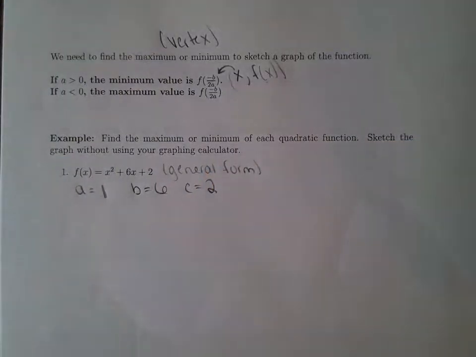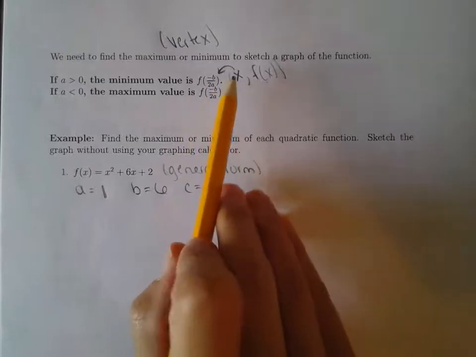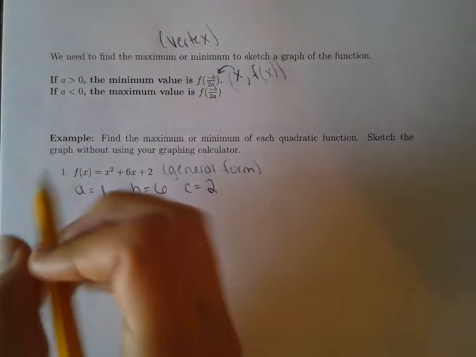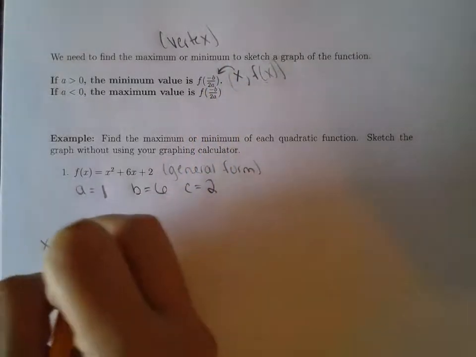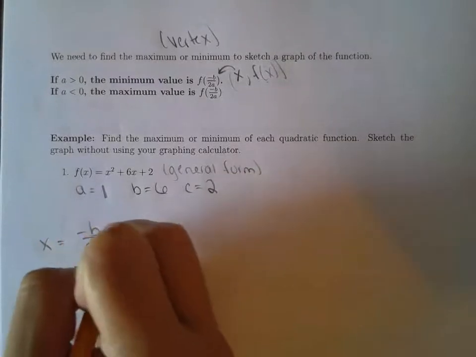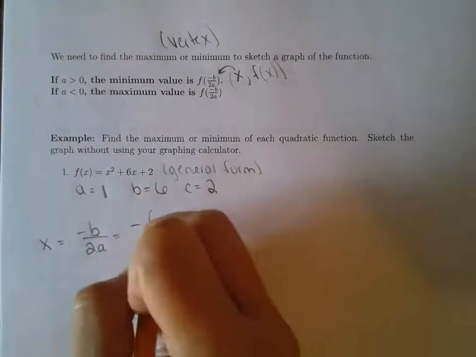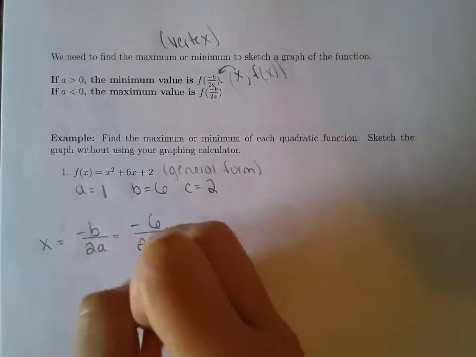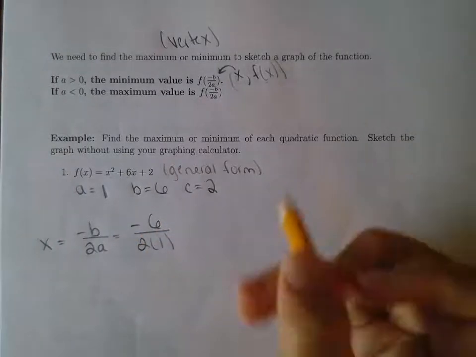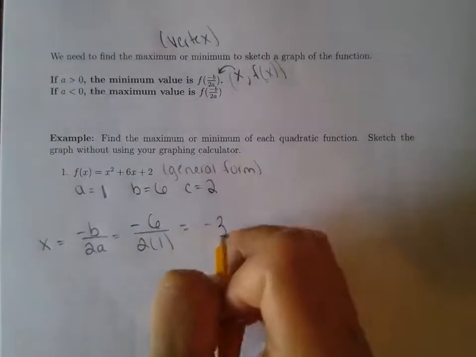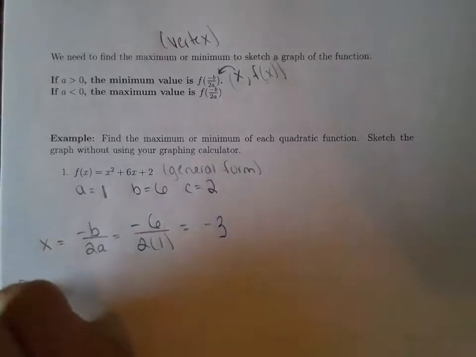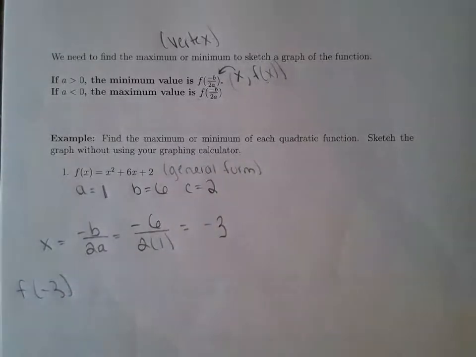Our formula says x is negative b over 2a. So negative b would be negative 6 over 2 times a, which is 1. That is negative 3. Now we plug in negative 3 to find our y value.